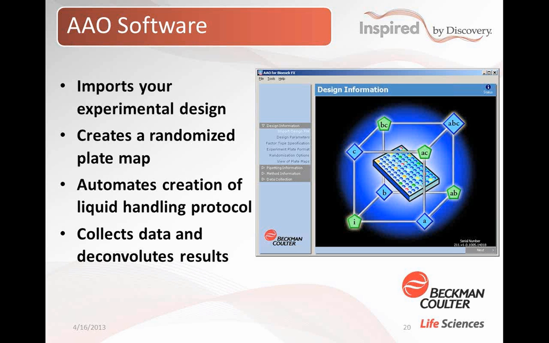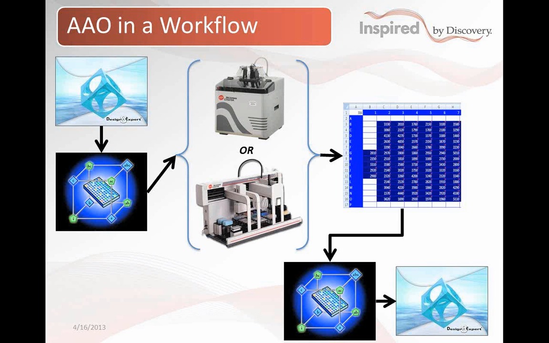You use it to import your experimental design from your favorite statistics package, and then it will create a randomized plate map, automatically create any liquid handling protocol that you need, and then you collect the data any which way that you need to for your assay, say with a plate reader, and then this can read that in and deconvolute it, by which we mean it undoes the randomization of the plate map, so that things are now in a nice order for your statistics package to do analysis. So here's kind of a graphical overview of that process.